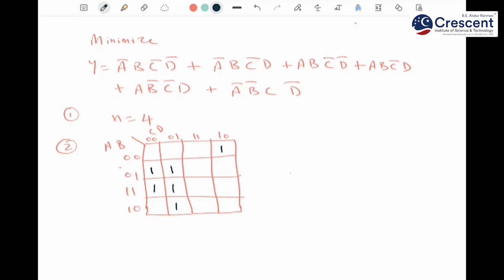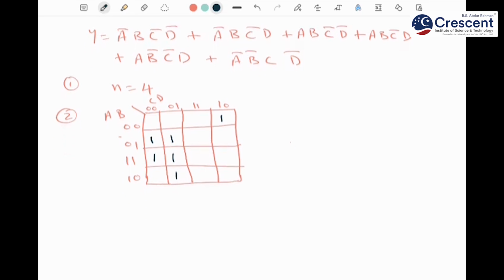Okay, so step 2 is over. That is, we have drawn the K-map and we have also mapped the literals. Now what is the third step? The third step will be grouping. In this, which are all the cells we can group? There is no possibility for 16 cells, and 8 cells is also not possible.